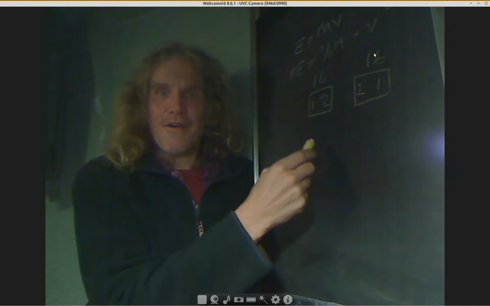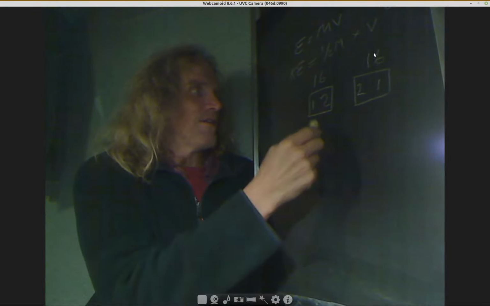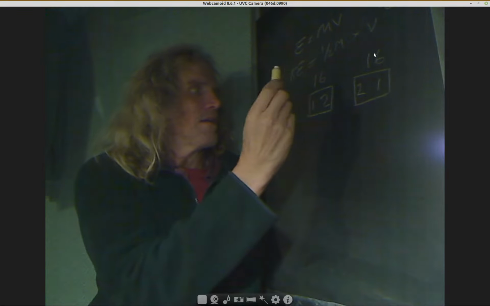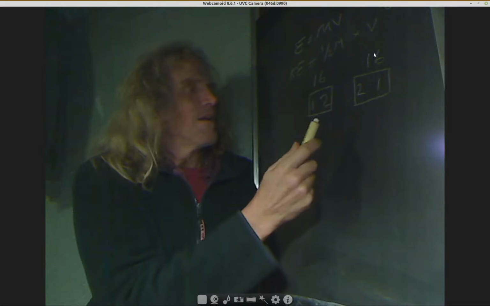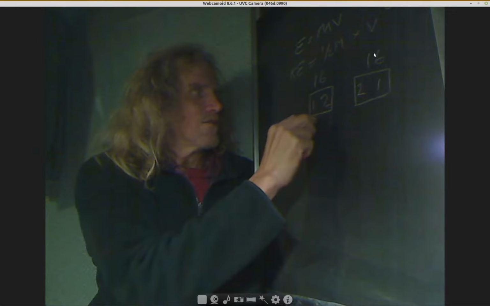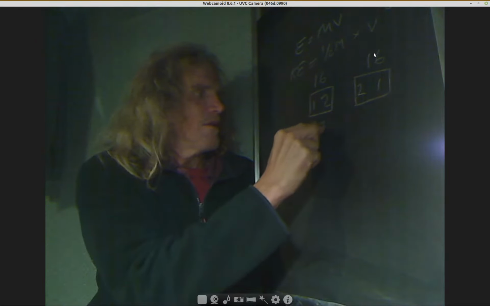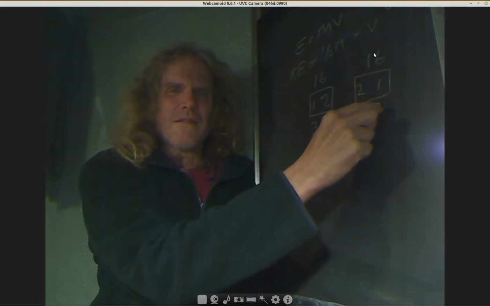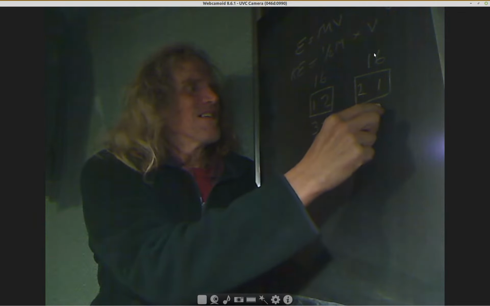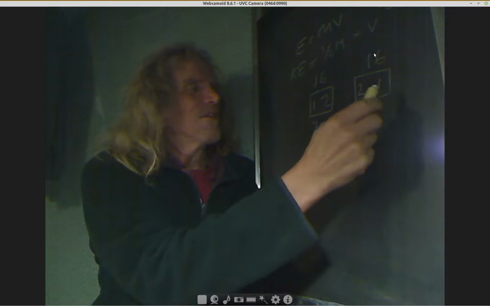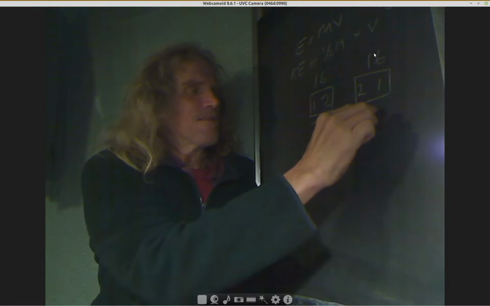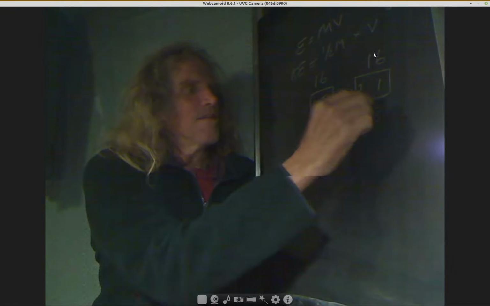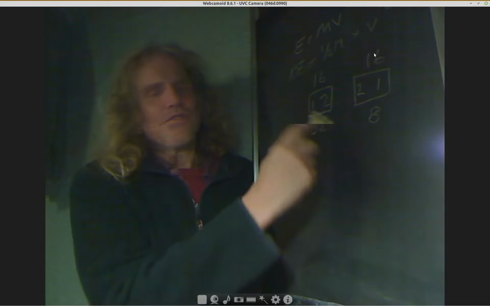But if you calculate the kinetic energy, this one has a kinetic energy that is twice as much, so it's 32, and this one would have a kinetic energy that's 8. Okay. And that's a huge differential, right?